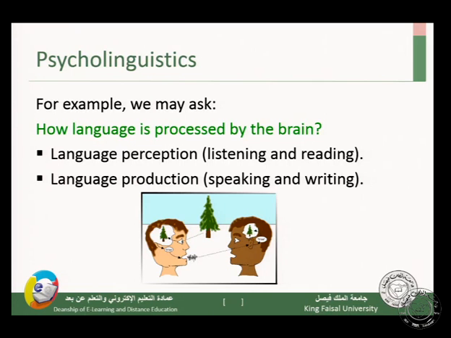The word is tree, and the physical object is the tree itself. So the one on the left sees the tree. There is a word for this object. It is the word tree. So he utters the word tree.